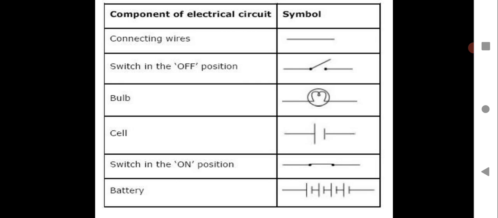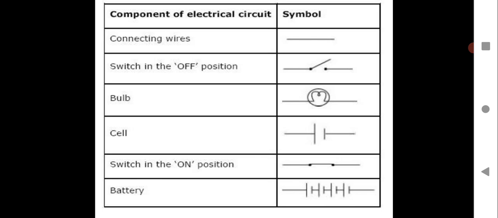And the switch in the on position, you can see the key is closed. That means the connection is closed, and it allows the electric current to pass in the circuit. This is the position where you put the switch on, as you normally do at home.